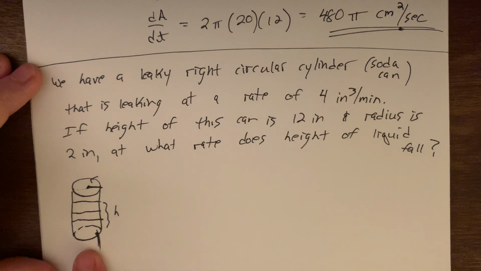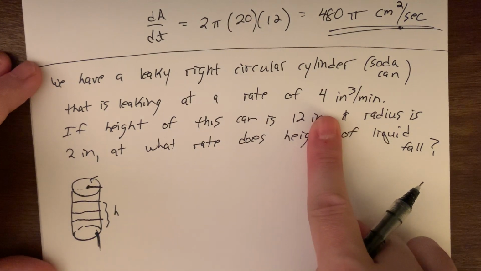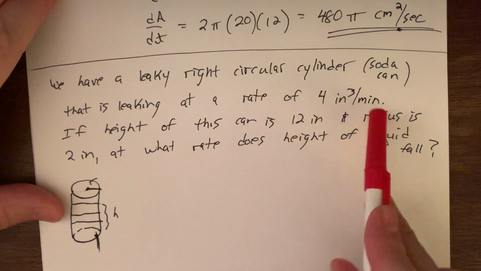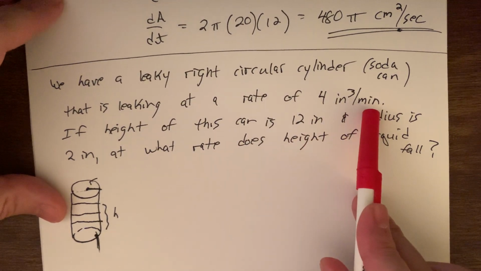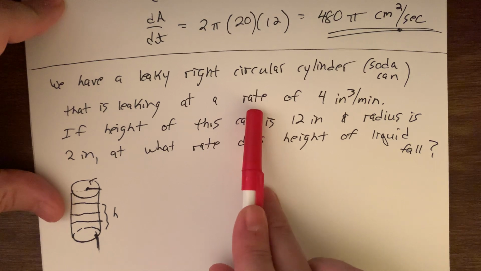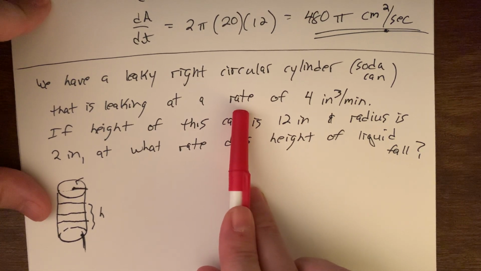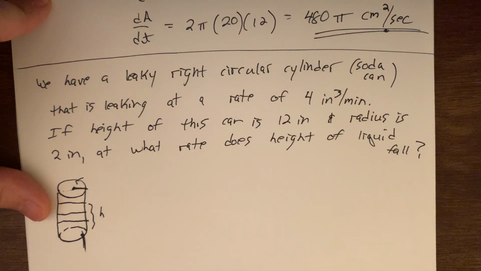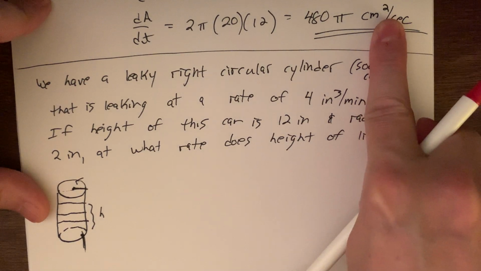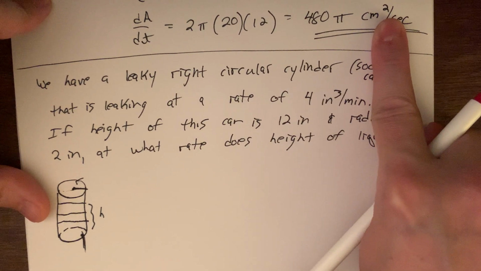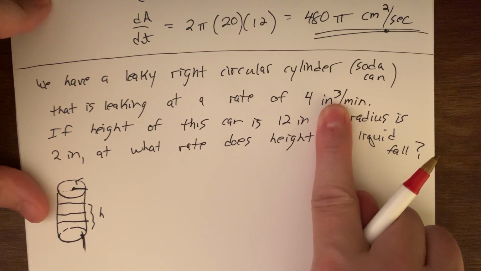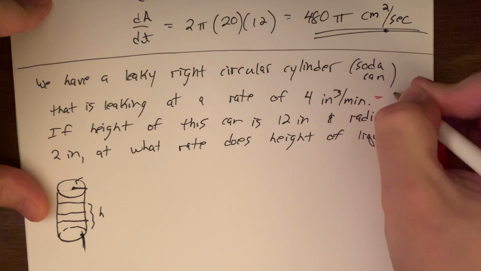So now, got a little picture. Now I'm going back to the problem itself. I'm trying to identify my information again. And right off the bat, I see this leaking at this rate and looking at this rate. Well, first, it's a rate. It's a derivative. A derivative of what? Cubic inches. Just as we saw square centimeters or square meters is a unit for area, cubic inches or cubic feet or cubic centimeters would be a measure of volume.